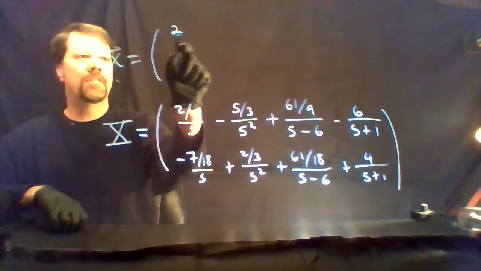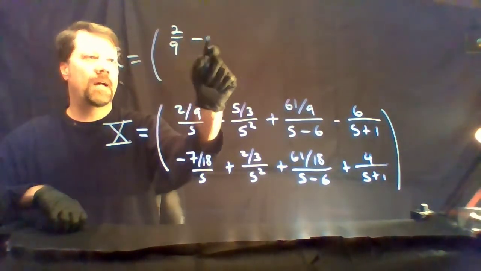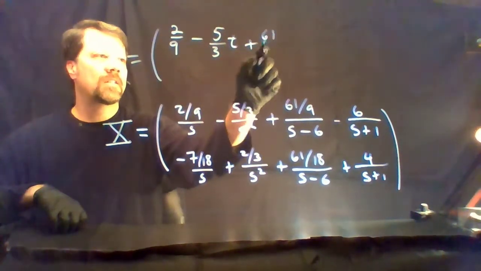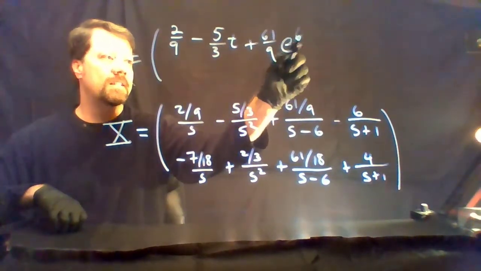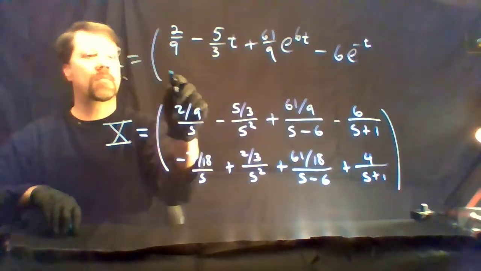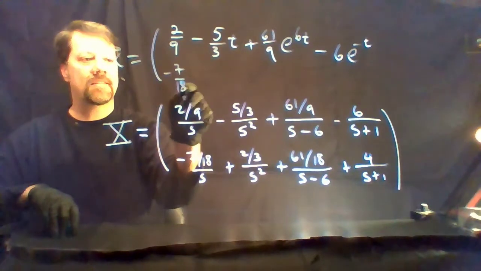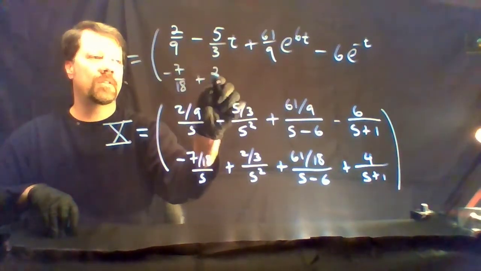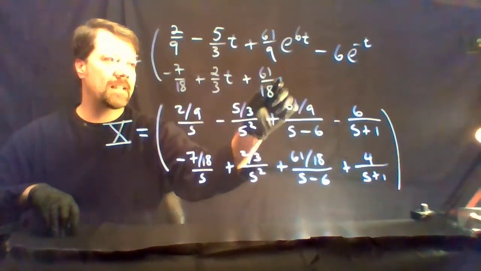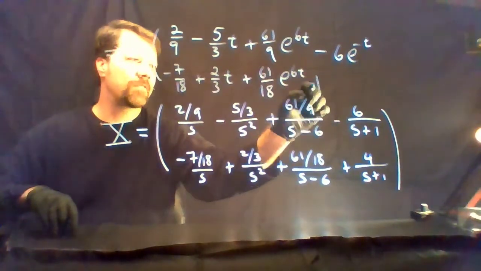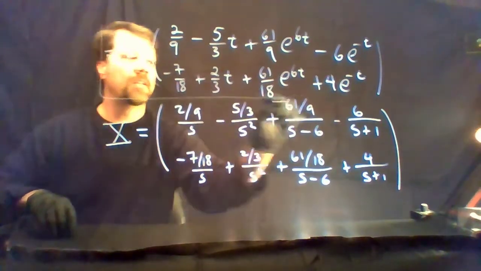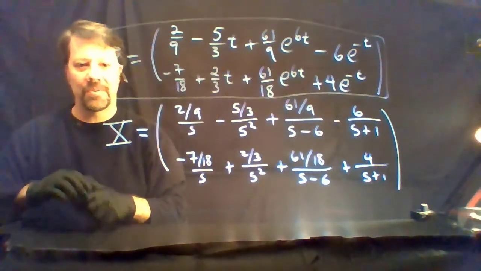Here we have 2/9 minus 5/3 t plus 61/9 e to the 6t minus 6e to the minus t, negative 7/18, and then plus 2/3 t plus 61/18 e to the 6t, and then plus 4e to the minus t. And this is the solution to the initial value problem.